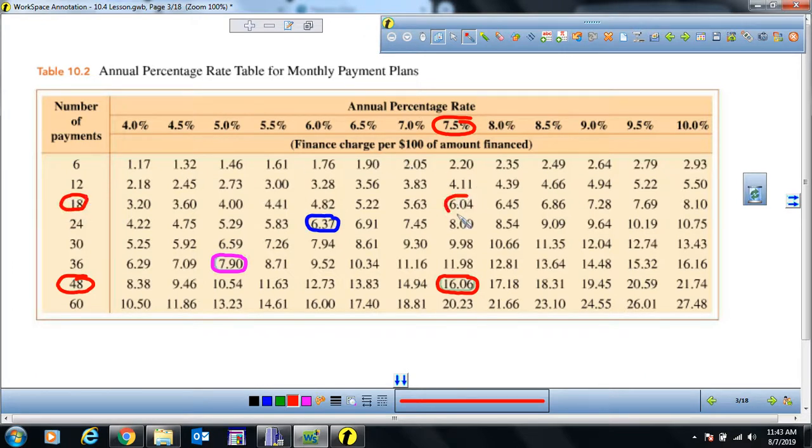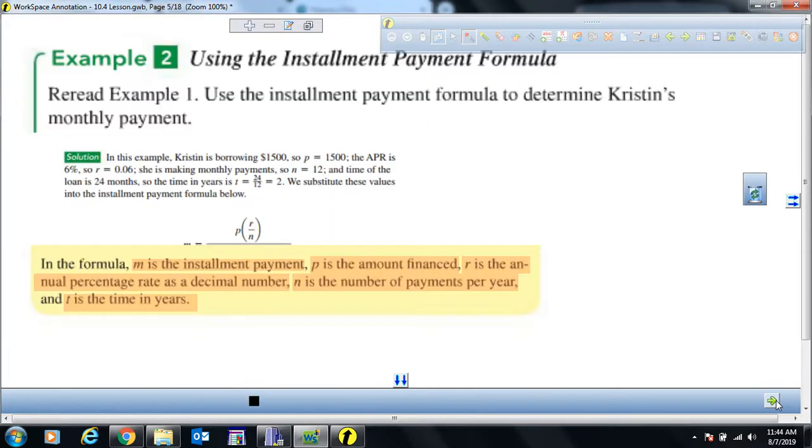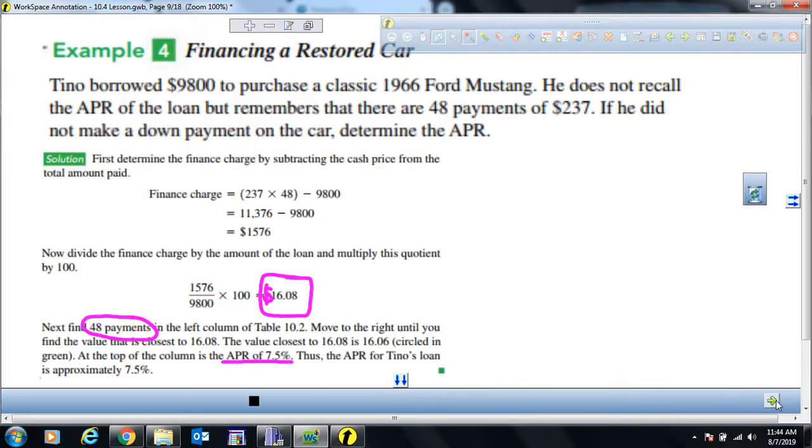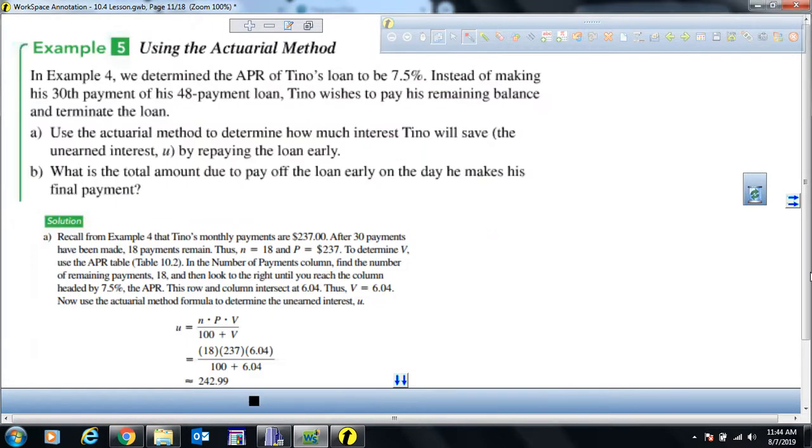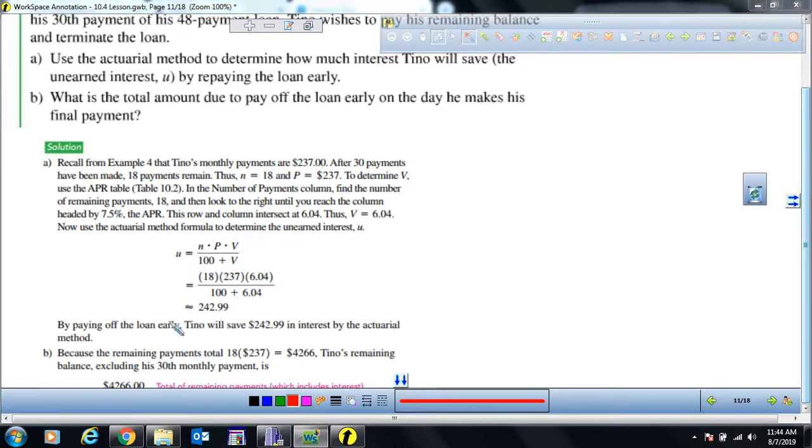Oh yeah, that's what it is, $6.04. That's what the V is going to be, the amount of dollars for the annual percentage rate based on the remaining number of payments and the interest rate that we found out from the previous part of this problem. So 6.04, that's how this one came in here.